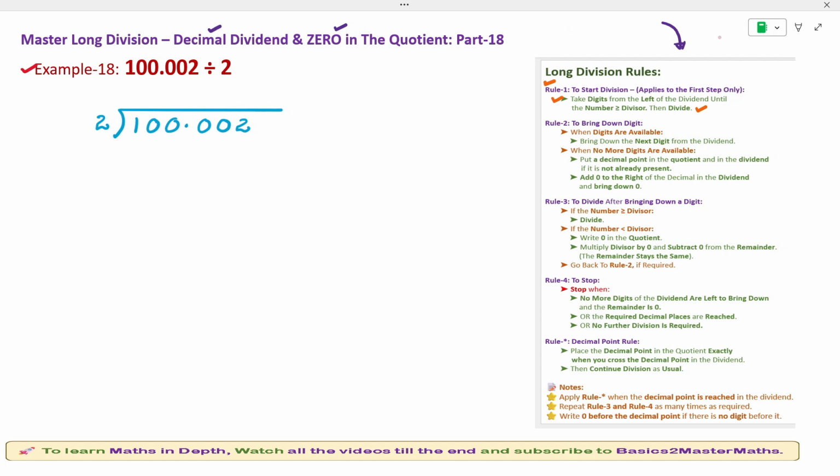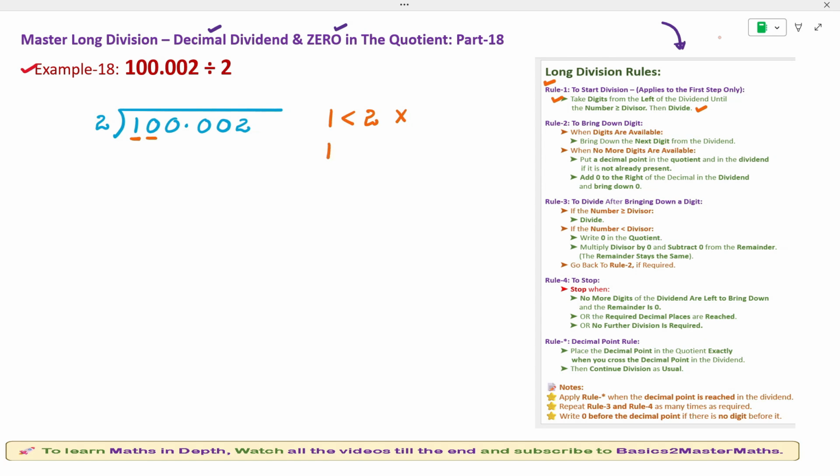In this case, the leftmost digit of the dividend is 1, which is less than the divisor 2. So, division is not possible. As per rule 1, consider the next digit also.